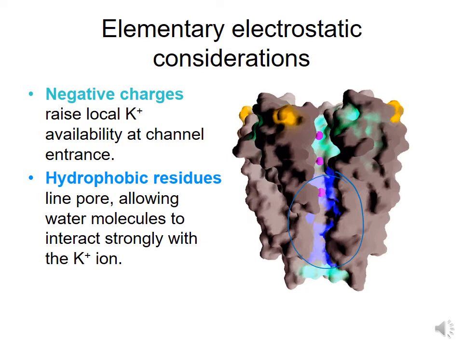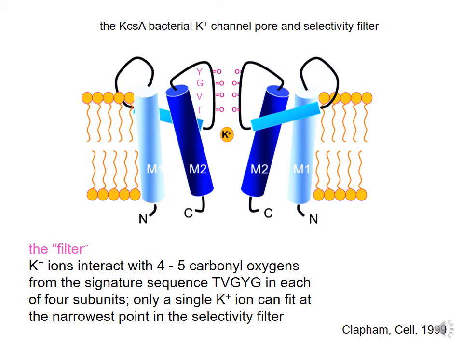Also, you can see a large concentration of negative charge at the entrance of the channel, and we think that these negative charges are important to raise the local potassium concentration at the channel mouth of this protein.